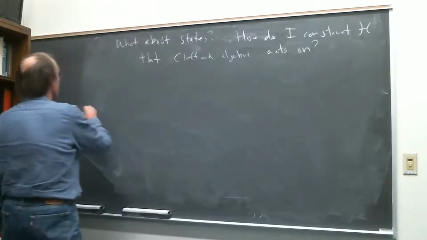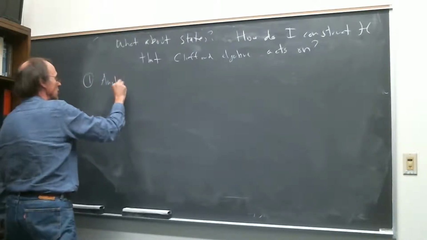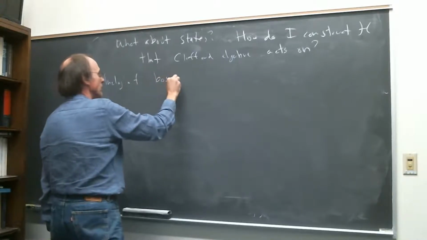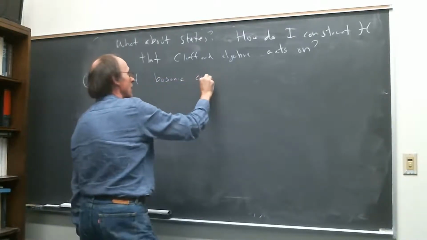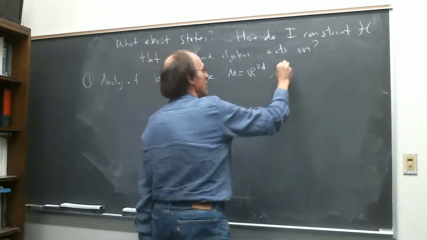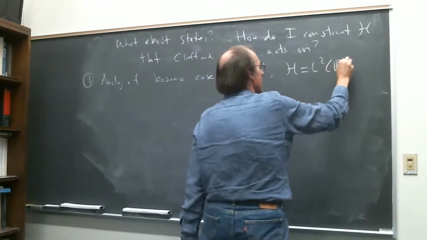So let's first do the analog of the bosonic case, where M is equal to R^2d, and H is L^2(R^d).